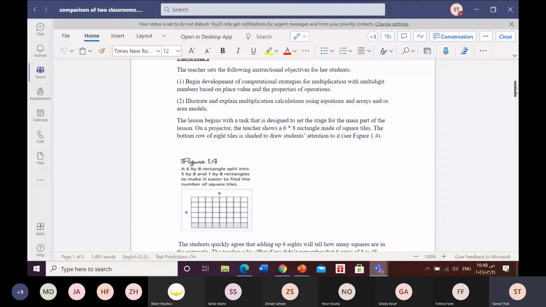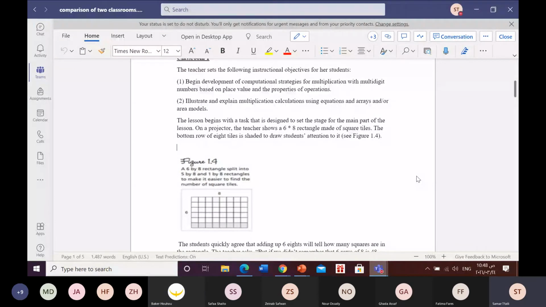Was the objective for the students to understand the same thing in both classes? Yes. It is about multiplication. Yes. Multiplication of multi-digit numbers, or two-digit numbers in this case. So it is the same.